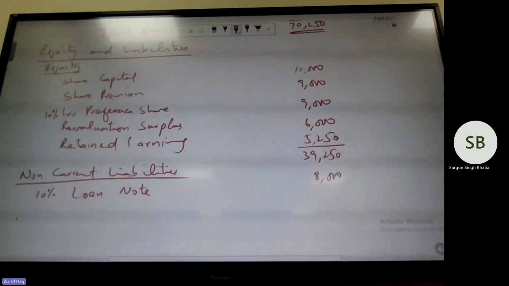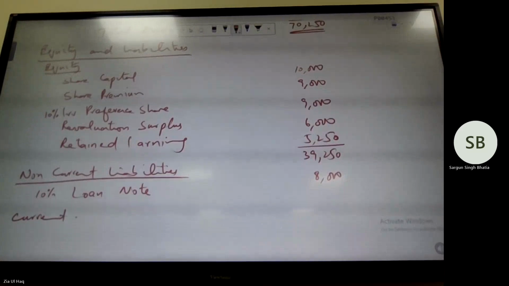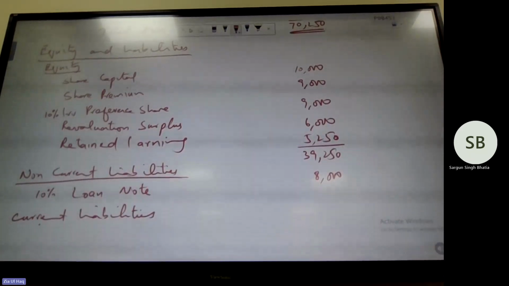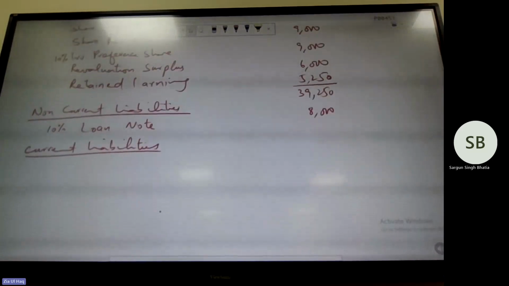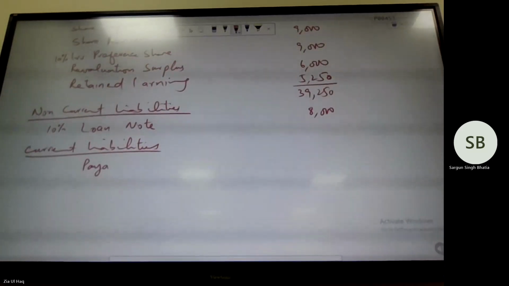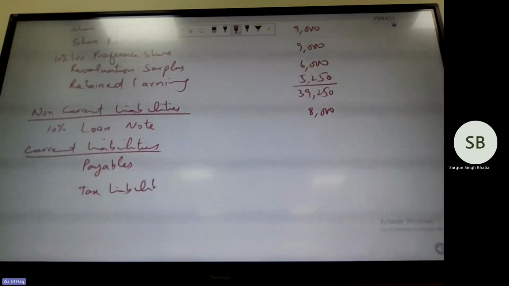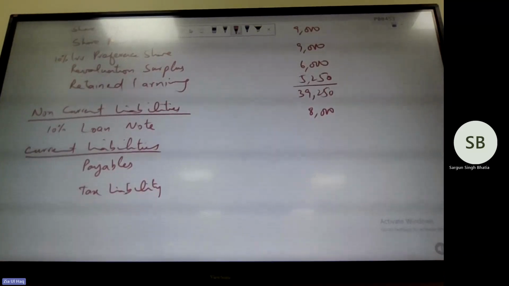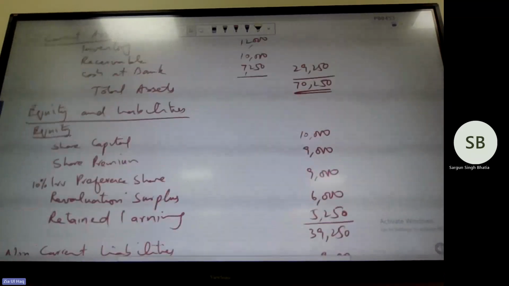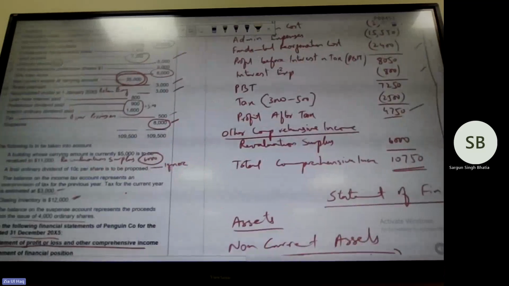And we have current liabilities. In current liabilities, we know we have payables. We know we have a tax liability. I don't think there is any accrued expense in this question. So what is the amount of payables?